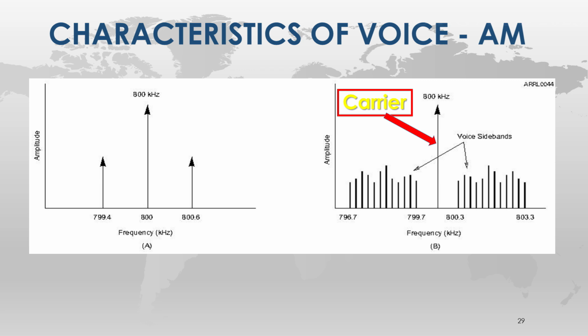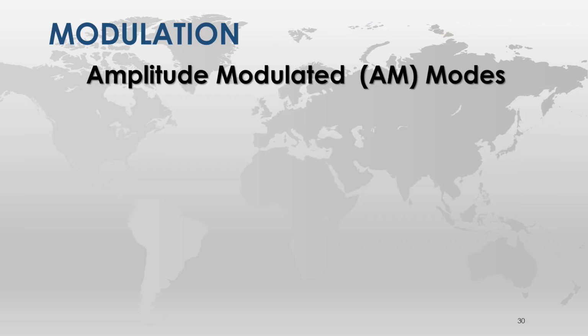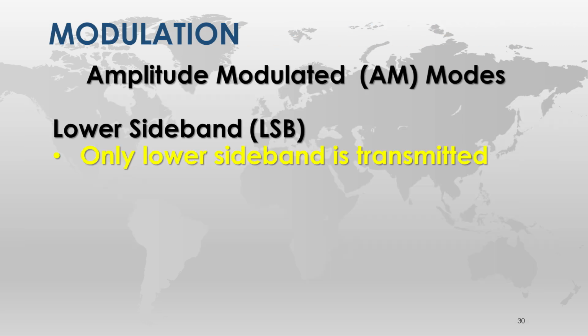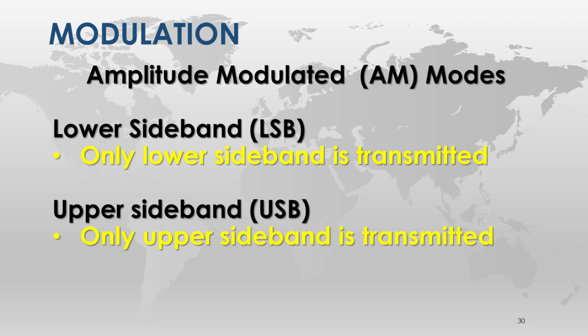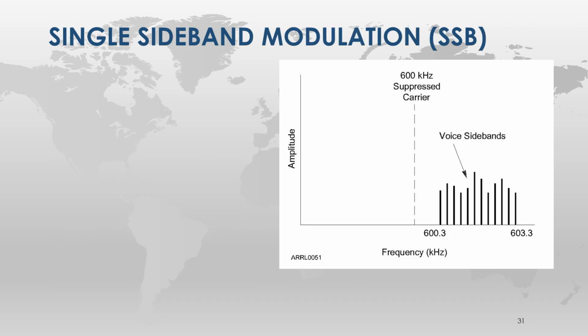Okay, so characteristics, you got the carrier in the center, the lower sideband, the upper sideband, and amplitude modulated AM modes and lower sideband. Only the lower sideband is transmitted. Upper sideband, only the upper sideband is transmitted. It's got higher efficiency and it uses less bandwidth, so we can send more stations into a given space on frequency on the band. So single sideband modulation, or SSB.